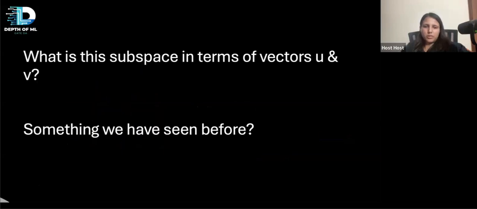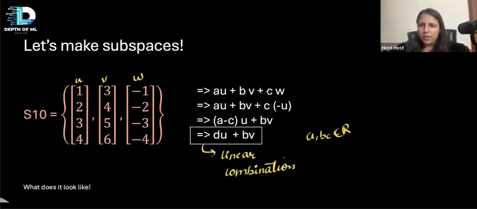Also, what is the set of all the linear combinations of vectors called? Something that we had seen.